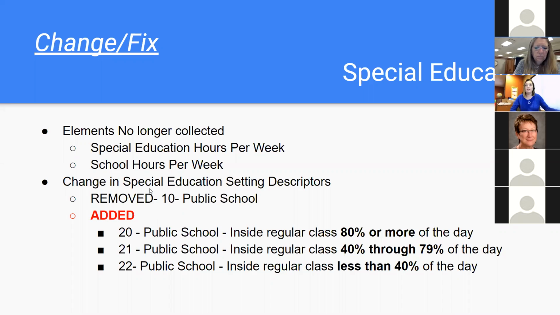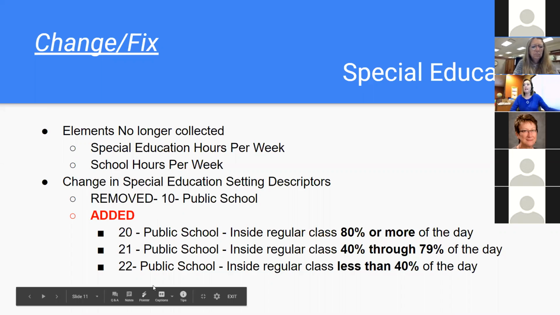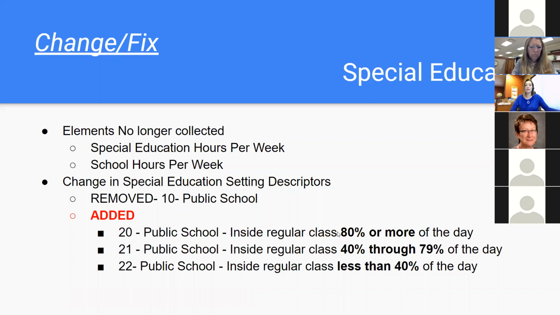Okay, you cannot use 10 anymore. Elements that are no longer collected for Advisor, although those might be elements that we want to keep just for other reasons, will be that special education hours per week along with school hours per week. What's been added is this 20, 21, and 22, which gives you your percentage ranges.